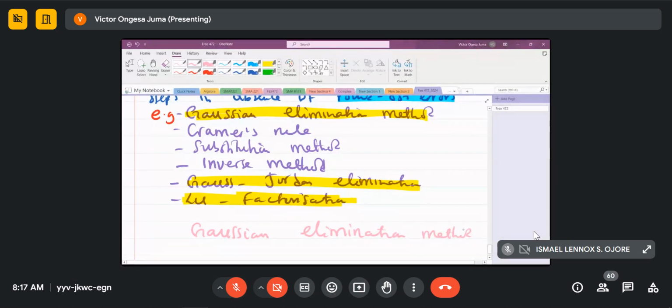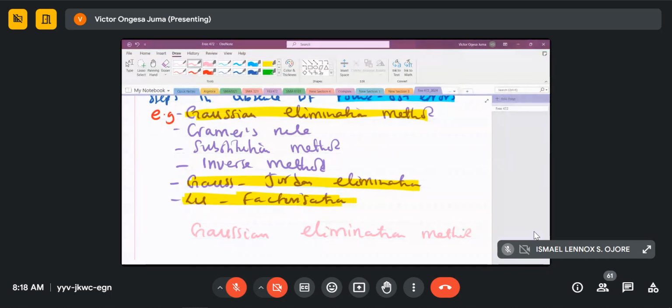So what this method does basically is that you start with a system of linear equations, AX is equal to B, and then you reduce it into an upper triangular system, containing an upper triangular matrix, UX is equal to B. Once you have this upper triangular matrix, it's very easy to solve by back substitution.